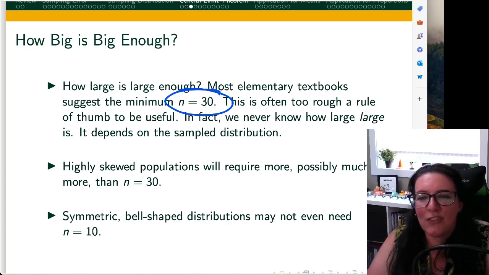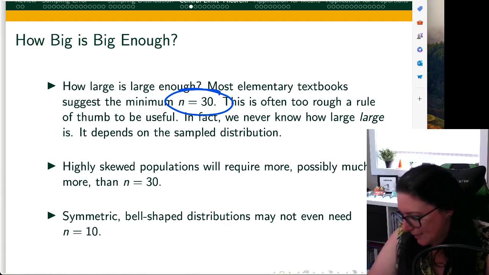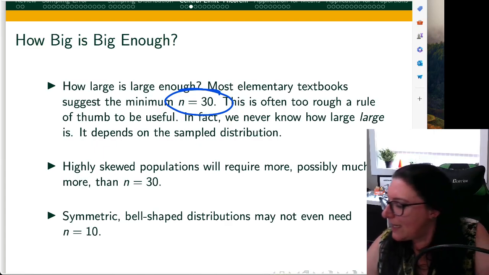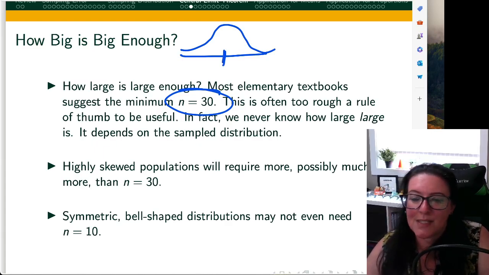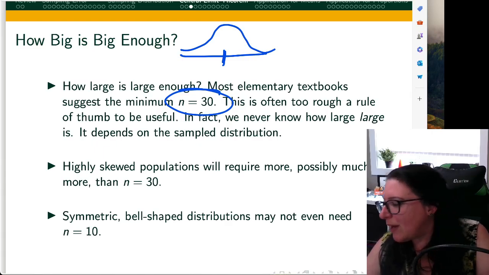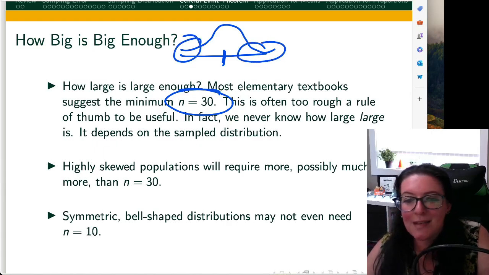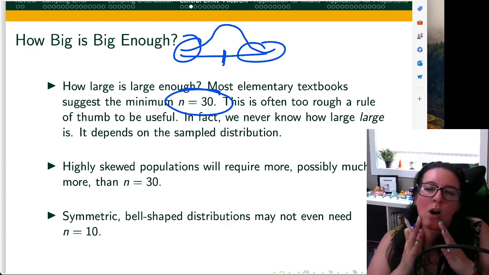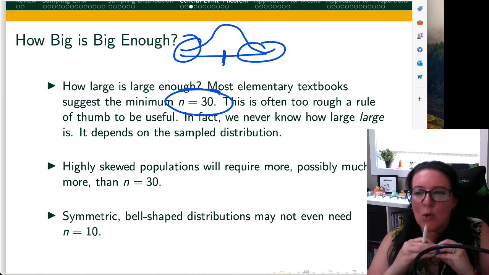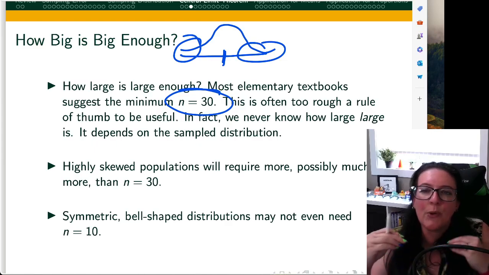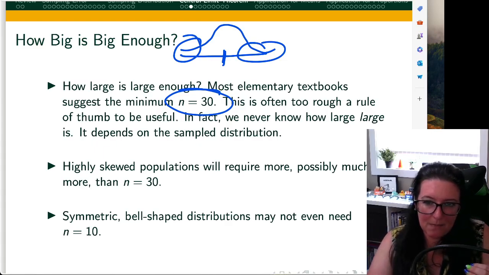But really what you should think about is that underlying data, how skewed is it? Is it normally distributed, where the mean, the median, and the mode are about the same, where there's an equal number on the high end and the low end? The more the underlying population has that normal distribution, the more you can get away with a smaller sample size.